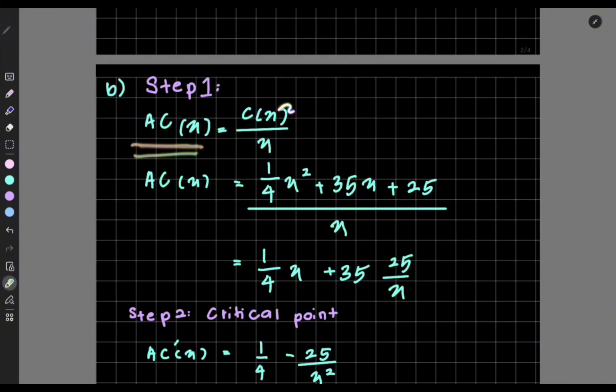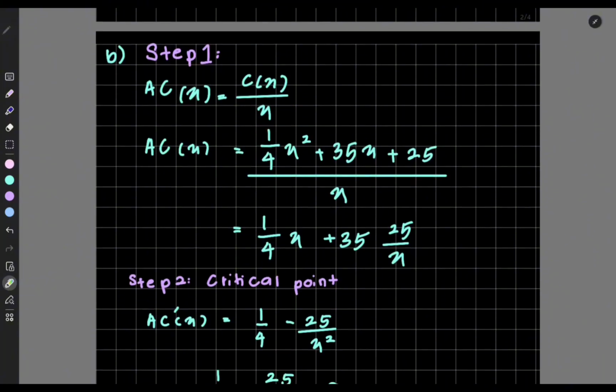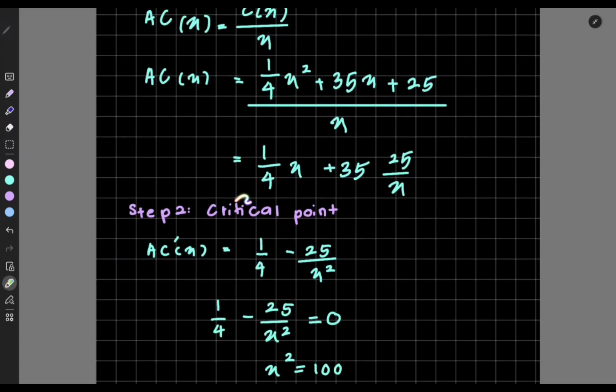That's it, cost divided by x, and we substitute the function, and we will get this when we simplify it.